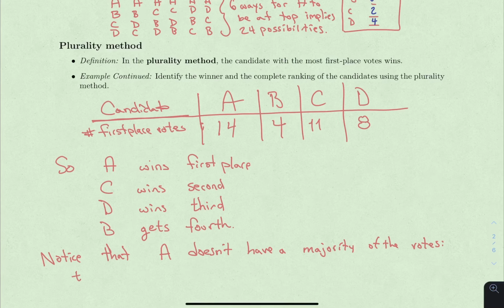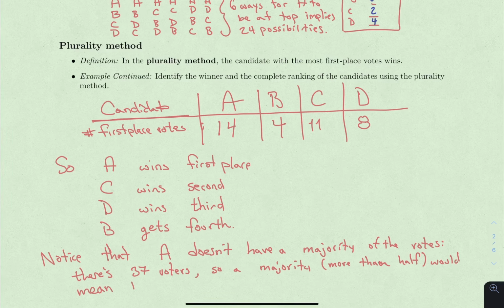There's 37 voters. So a majority, which means more than half, like strictly more than half, would mean having at least... so we would divide 37 by 2, and you need more than that.